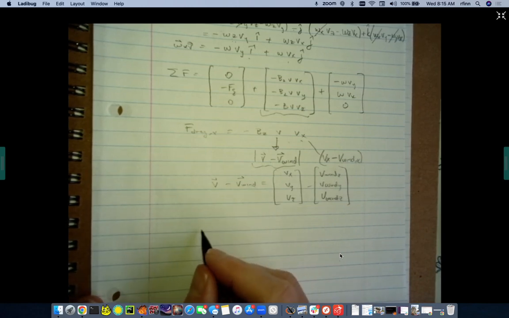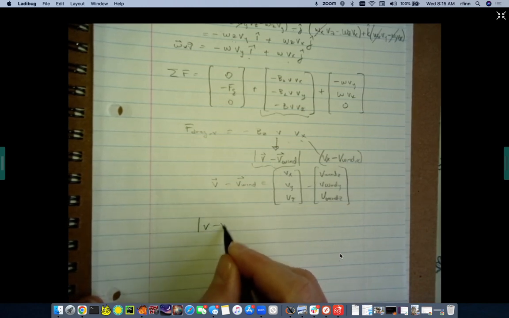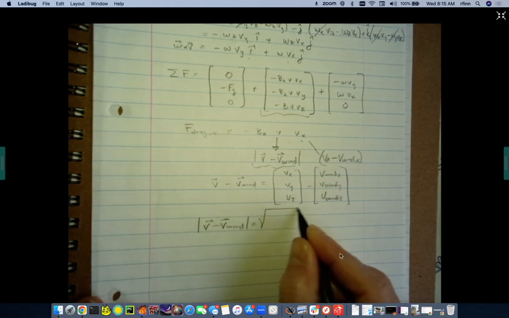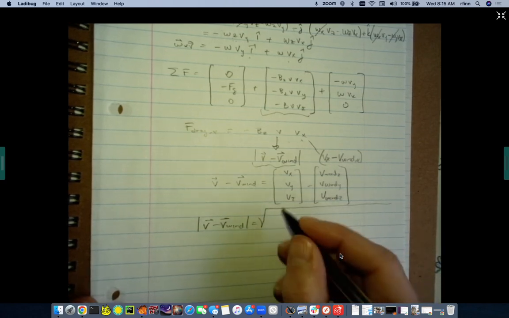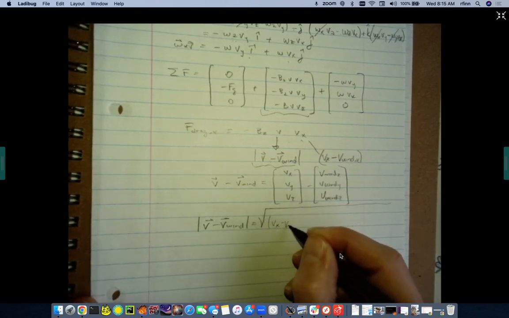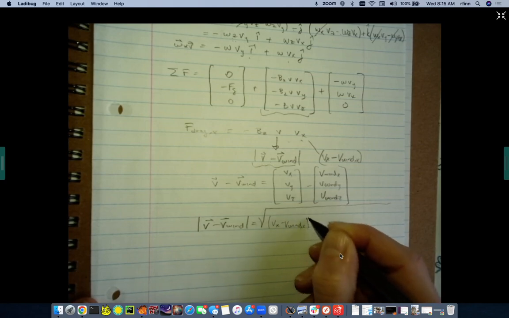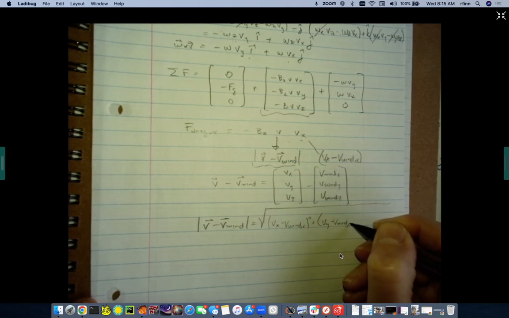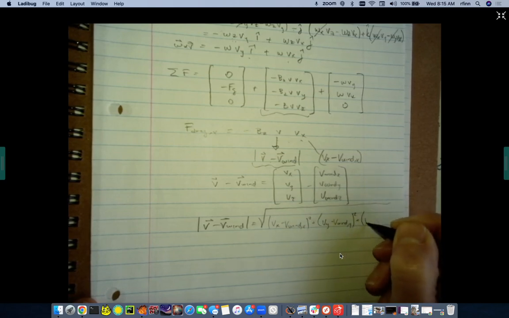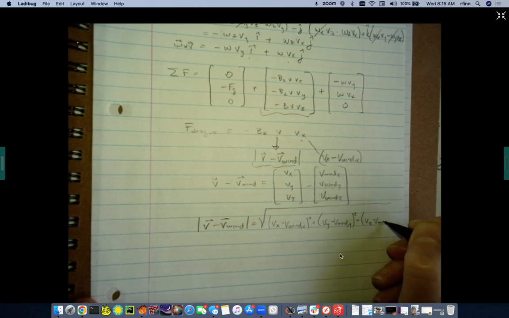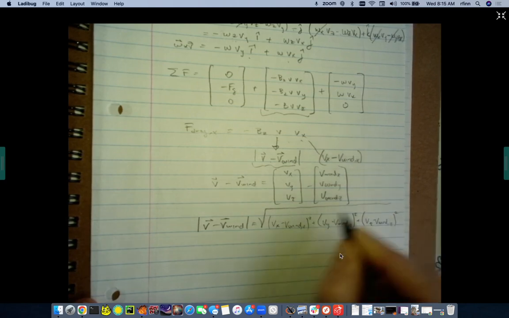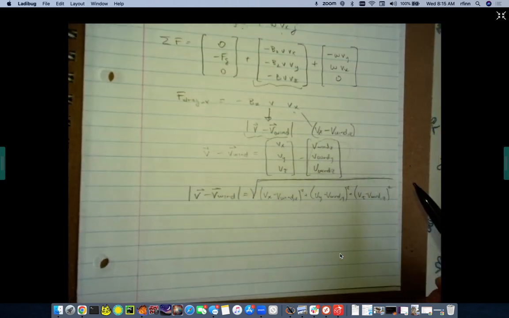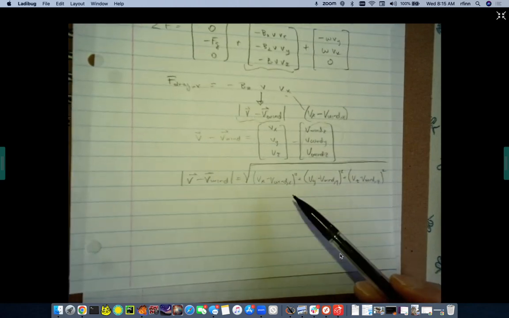So the magnitude of V minus V wind is the square root, or you can use the norm function, of (Vx minus V wind x) squared plus (Vy minus V wind y) squared plus (Vz minus V wind z) squared. I'm going to give you a function that, for every step of your Euler equation, gives you the V wind vector, and then you'll compute this.